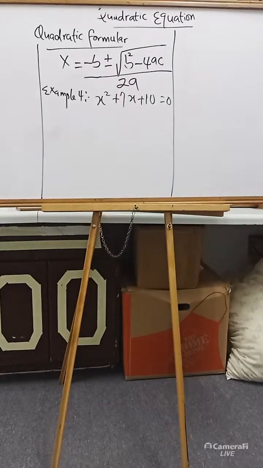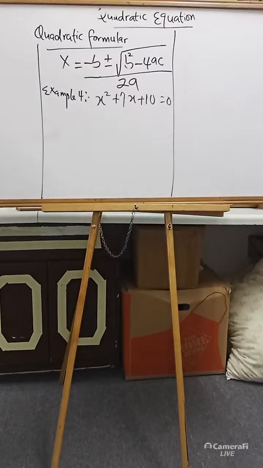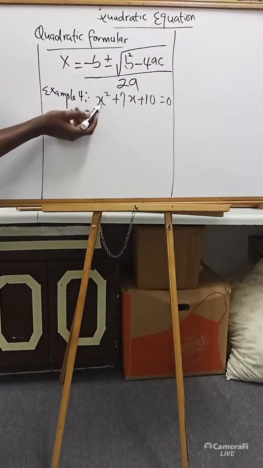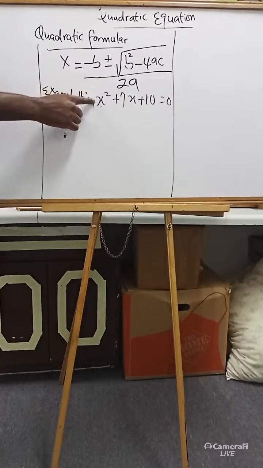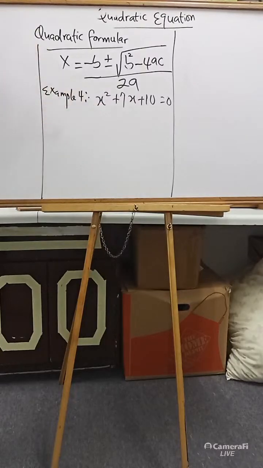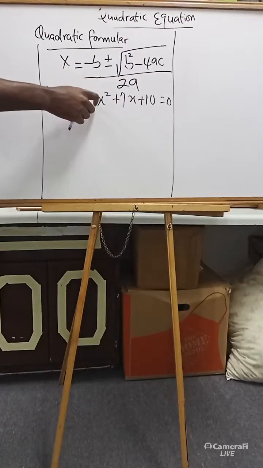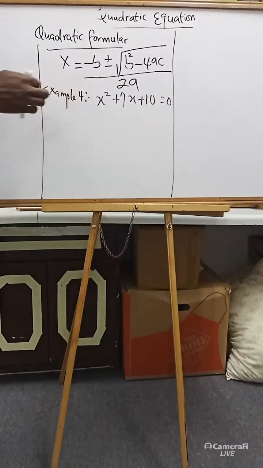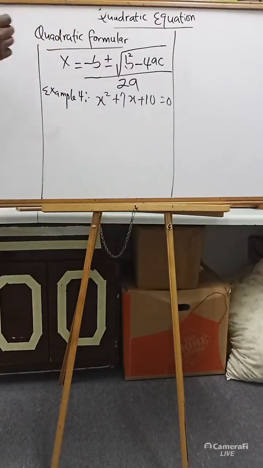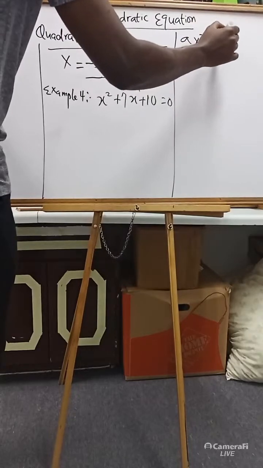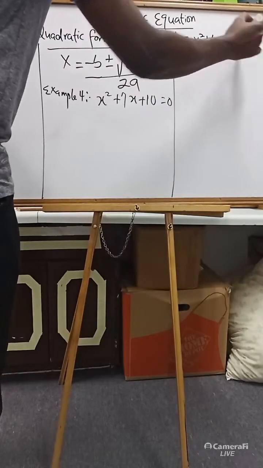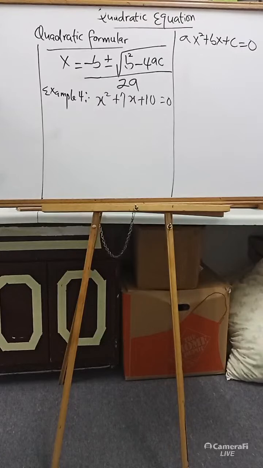So I'm using the quadratic formula approach. So the first thing you do: what is the coefficient of x squared? The coefficient of x squared is 1. But in mathematics, we can decide not to write the 1. So you know that any number that is with this should be 1. So using the general formula I gave you initially, ax squared plus bx plus c equals 0, what is my a?